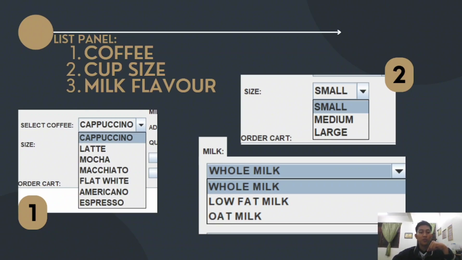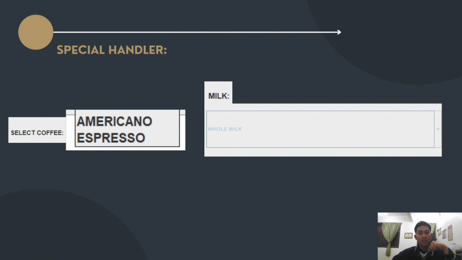Next, we move to the milk type. The milk type is chosen by the customer and keyed in by the staff: whole milk, low fat milk and oat milk. There is a difference for the coffees that do not use milk, which are americano and espresso, so we call it a special handler.